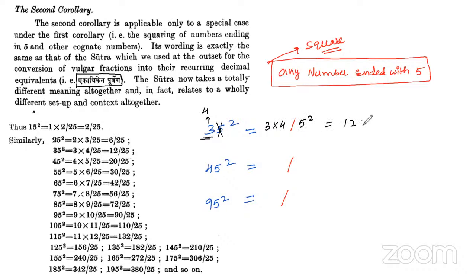Then 12, 25 is our answer. Here it will be 4, the next number will be 5. We are multiplying with Ekadhikena and 5 square. That means here we are getting 20 and 25. In this case also 9, its next number is 10, Ekadhikena, and 5 square. That is 90 and 25 will be our final answer.